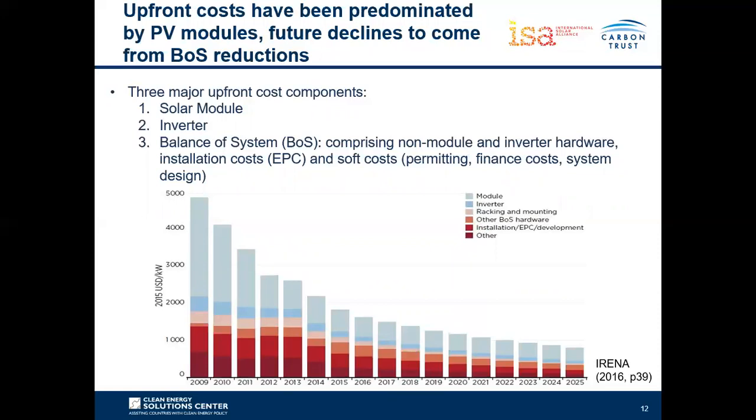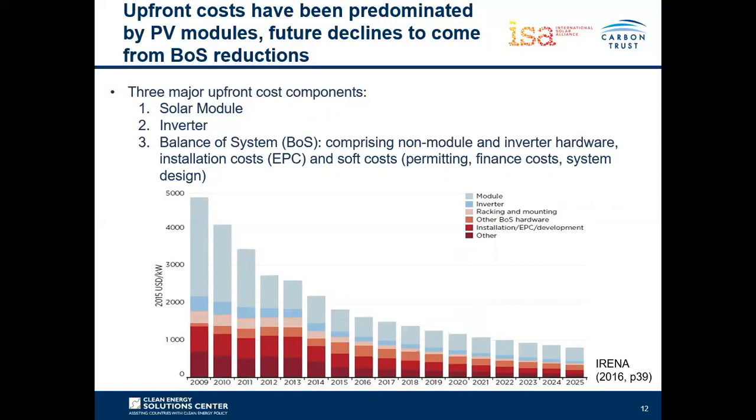And we can see that historically, the modules have been the major cost component in 2009, accounting for more than half of the overall project cost, but have since declined rapidly in the years to date.